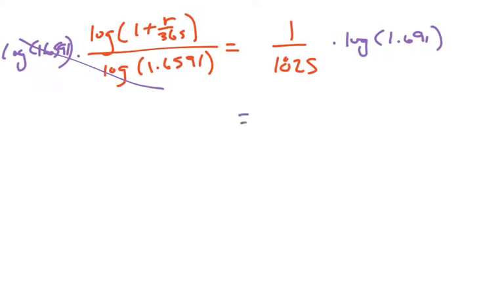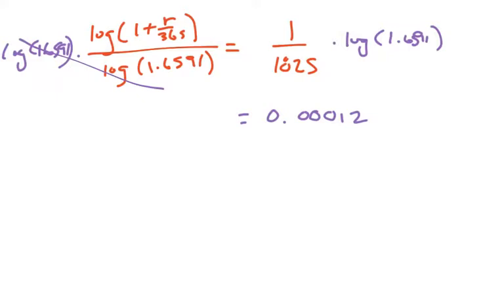And then this right side becomes log of 1.6591, divided by 1825. Oh, that's tiny. So that's 0.12312.